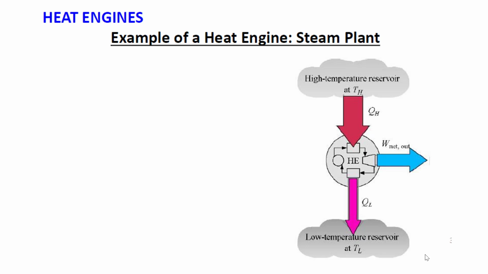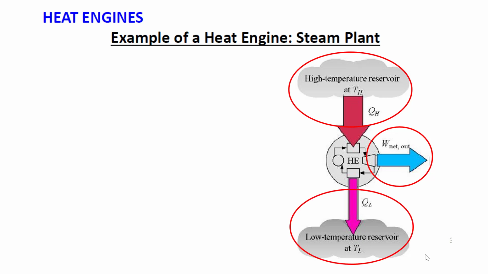The work process of a heat engine can be shown as follows. The fluid in the heat engine receives heat QH from the high temperature reservoir, which is at temperature TH. H stands for high. The heat from the heated fluid is then converted to work, which is W net out.